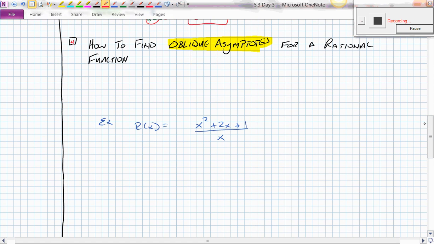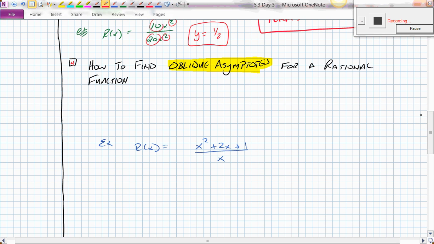Okay, next, how do you find an oblique asymptote for a rational function? Well, you have to start off by knowing this.